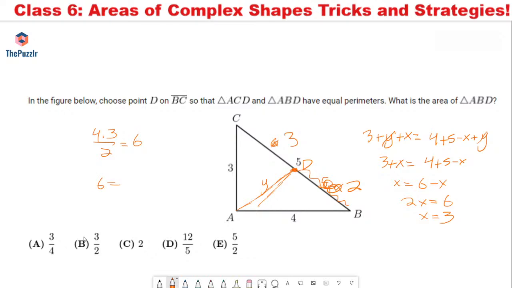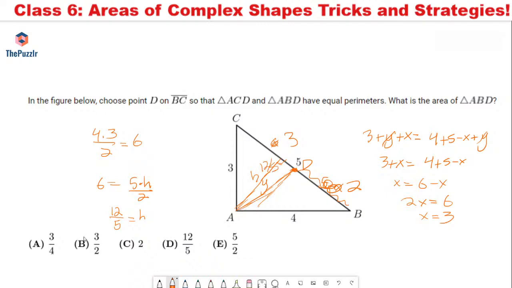Say the height is this, and this creates a right angle, and let's call the height h. We have 5 times h divided by 2, which is still equal to 6 because the triangle is the same. So then we have 12. I multiplied both sides by 2 and divided both sides by 5 to get 12 over 5 equals h. So the height is just equal to 12 over 5.